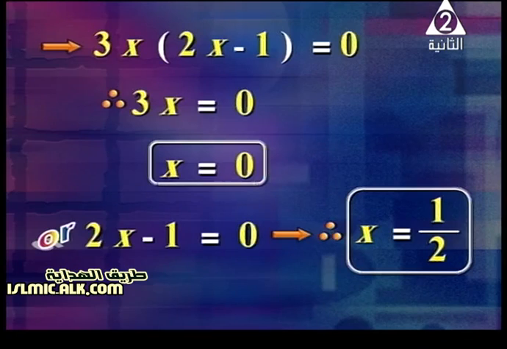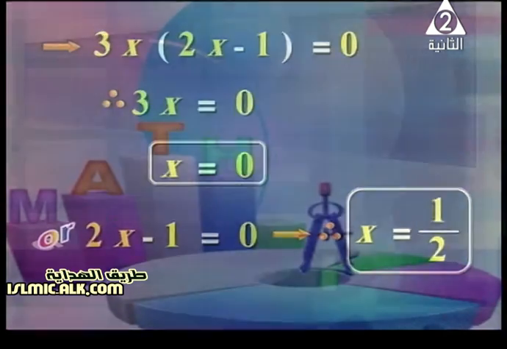Each term equals 0. 3x equals 0 means x equals 0. The second bracket 2x minus 1 equals 0, then 2x equals 1, then x equals 1 over 2. The solution set is x equals 0 or x equals half.